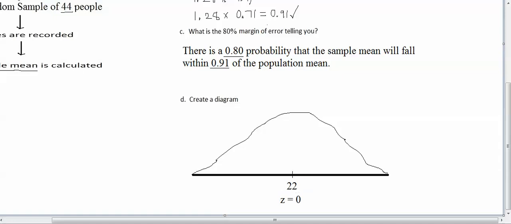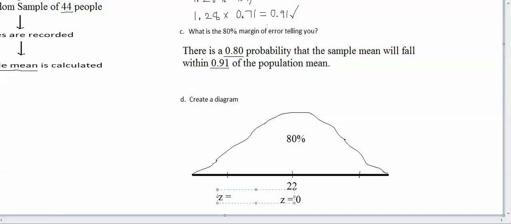Next, I'm going to mark off the boundaries of the middle area. And this middle area is the middle 80% of the sampling distribution. It's the middle 80% of the possible samples that could be selected. Next, I'm going to mark off the z-scores of the two boundary points.